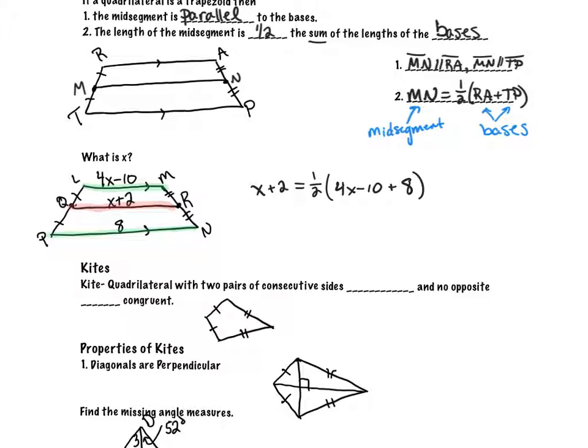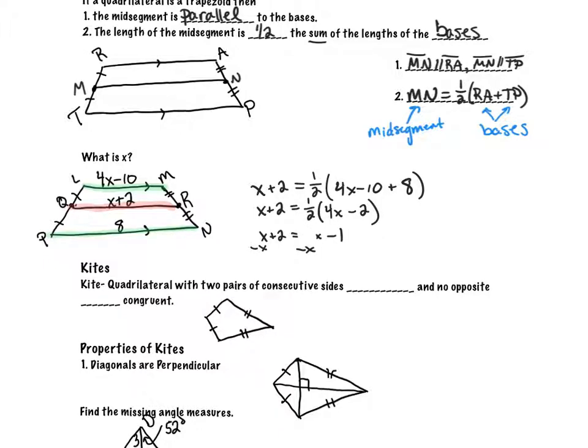First, I want to combine like terms. I have nothing alike out here, so keep all that the same. For the 4x, if I do negative 10 plus 8, I get negative 2. Next I want to distribute that 1/2. So I have x plus 2 equals... sorry, I made one mistake here.